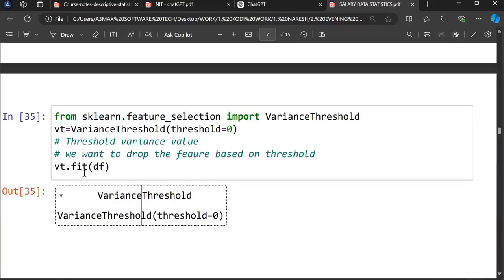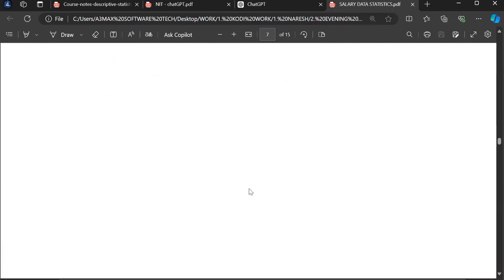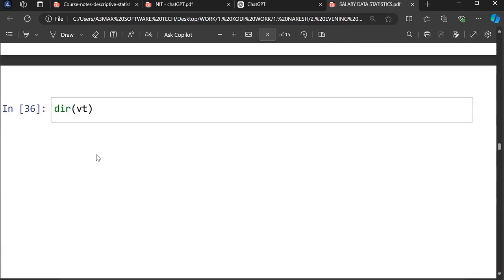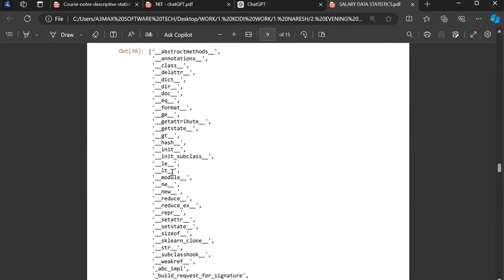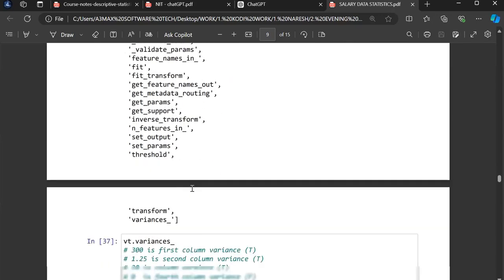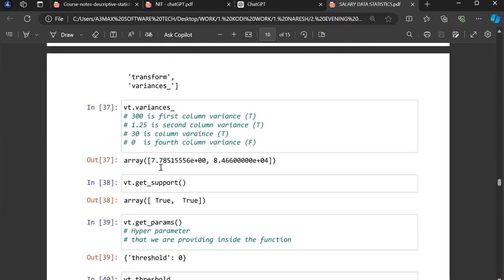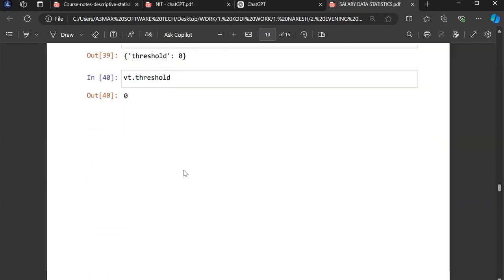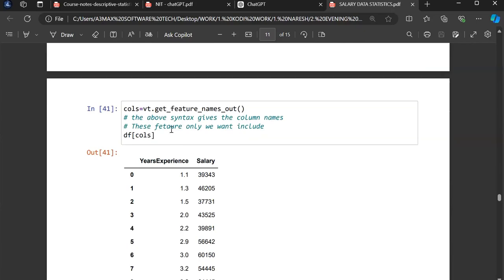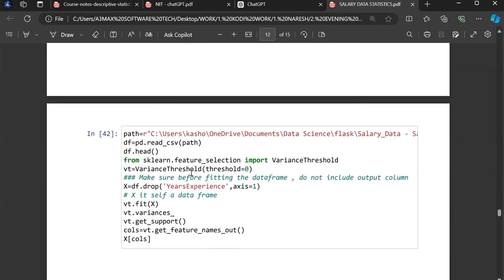Do one thing, you don't want it at this moment, you can ignore. Scroll down. This is also not required. VT variance, we don't want it. I will share this. This is also not required.